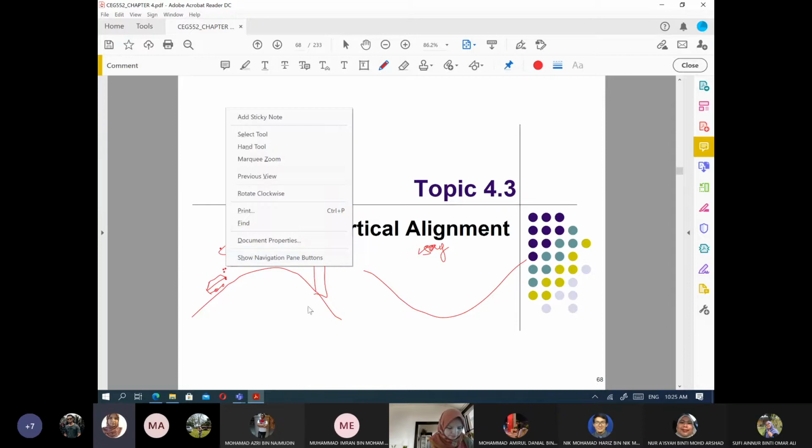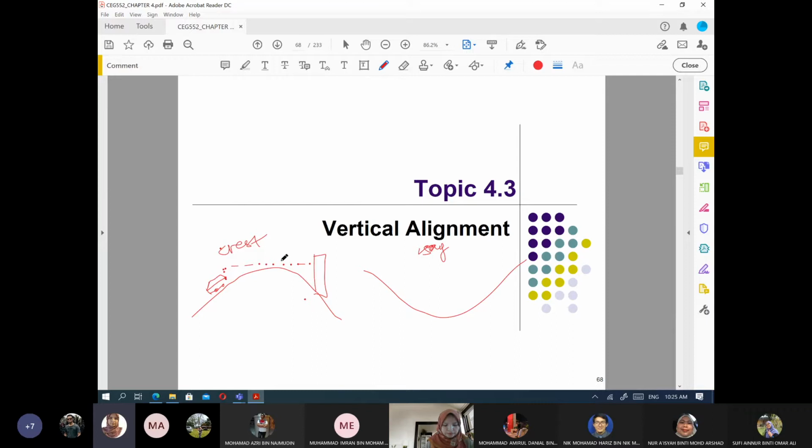So this is how your vertical alignment is being designed. So you sebenarnya nak tengok di SSD value ni di sini, jarak ni. Okay. Stopping sight distance from the driver's eyes to the obstacle. Okay, sebab tu kalau you tengok the calculation for vertical alignment, dia melibatkan SSD. Okay, SSD.